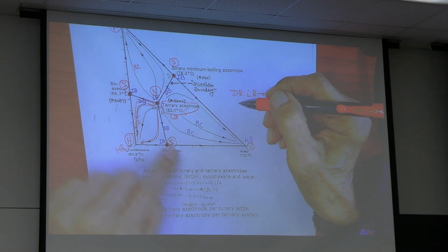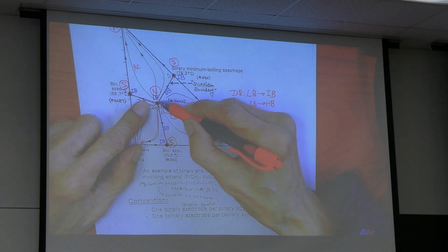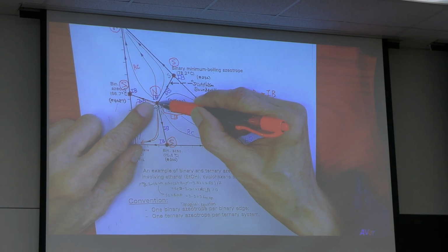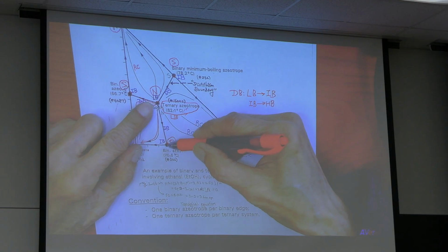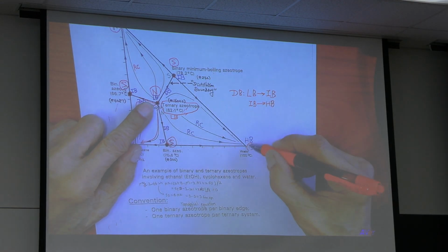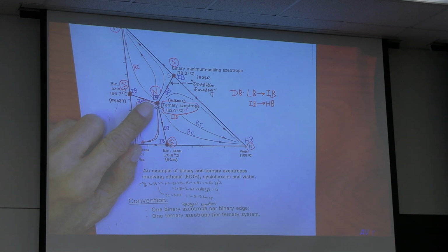How about this region? LB 62.1, 70.8, 78.2, 100. You can call this HB3.